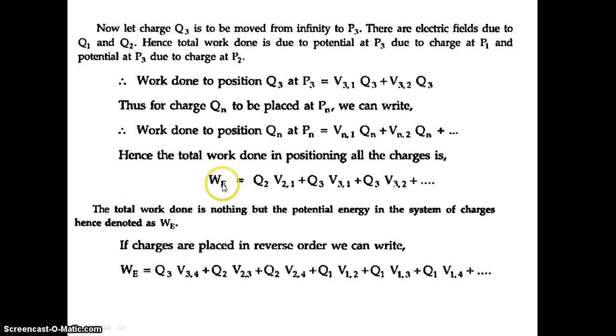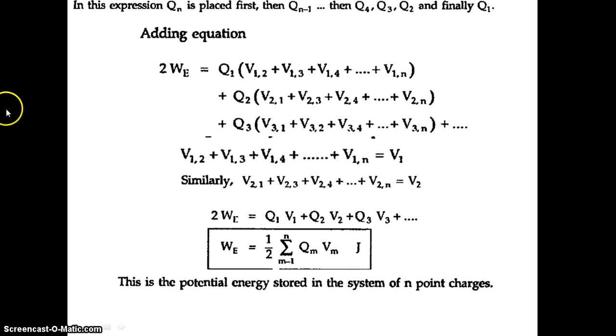Add these two equations, the first case and the second case. 2We equals Q1 into V12 plus V13 plus V14 up to V1n, plus Q2 into the potential at 2 due to charges 1, 3, 4, etc. Replacing these with V1, V2, V3, we get Q1 V1 plus Q2 V2 plus Q3 V3 plus etc. So We equals half summation m equal to 1 to n Qm Vm joules. This is the potential energy stored in the system of n charges.